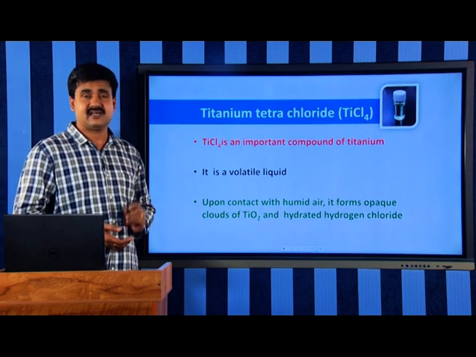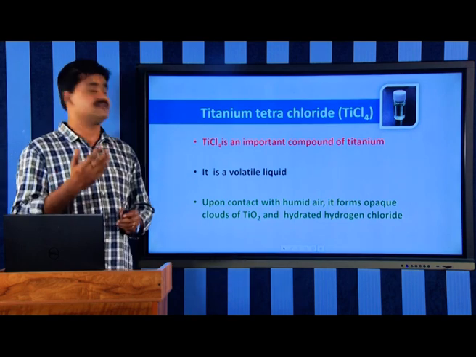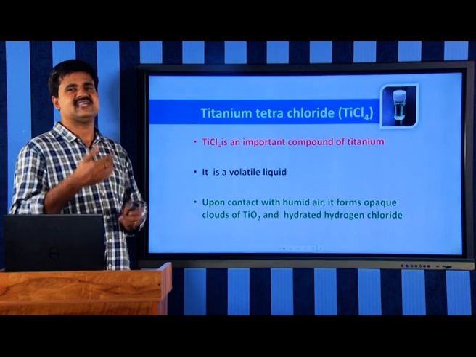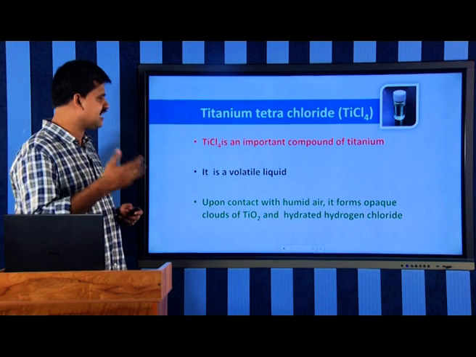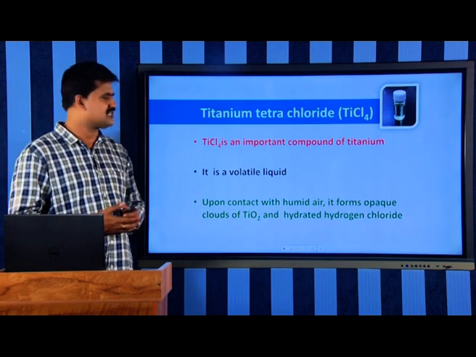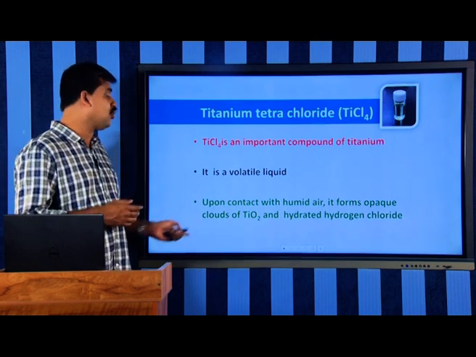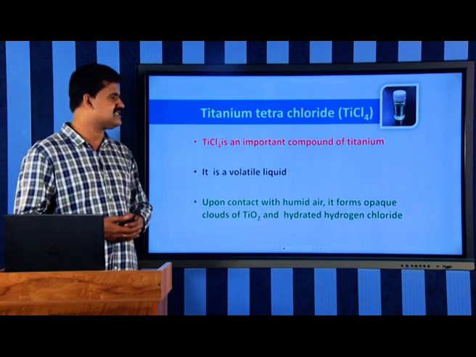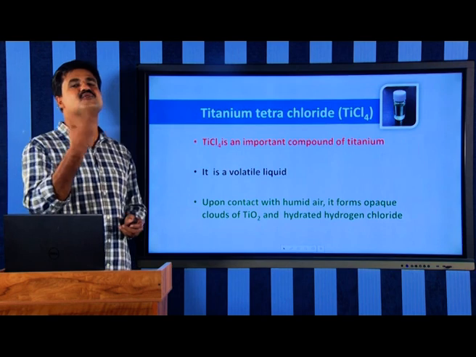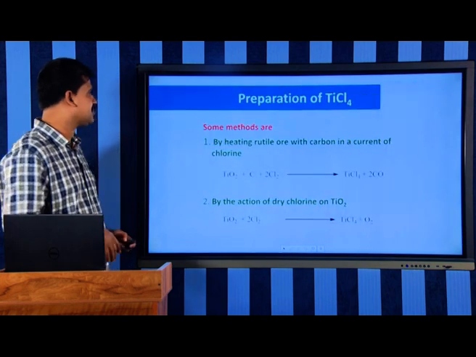It is a volatile liquid. Upon contact with humid air, that is whenever we open the bottle containing titanium tetrachloride, it forms opaque clouds of titanium dioxide and hydrated hydrogen chloride, that is fumes will come out.